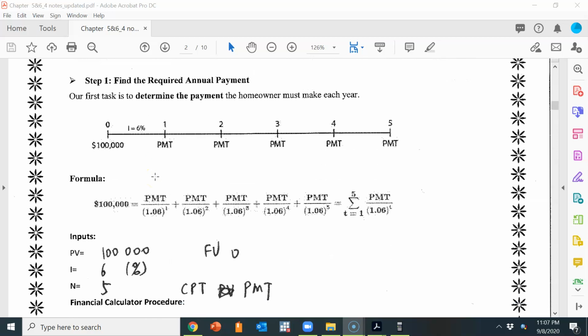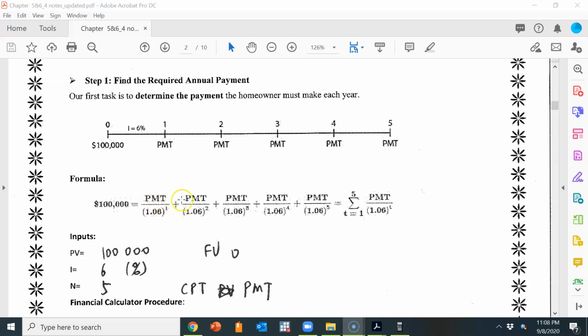So by definition, the present value of this ordinary annuity, the present value of all the future 5 payments, should be equal to 100,000. This is the concept of paying this 100,000 back in the next 5 years. The present value of the future payments should be equal to the present value you are getting now, the loan amount.